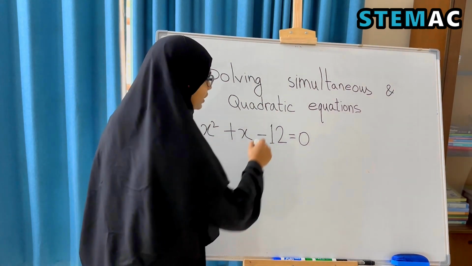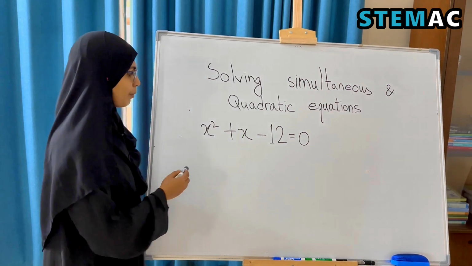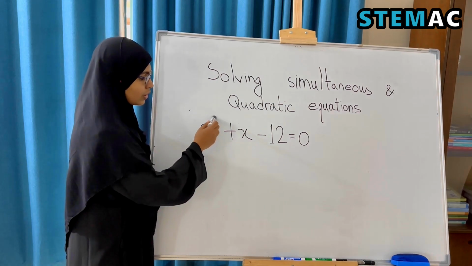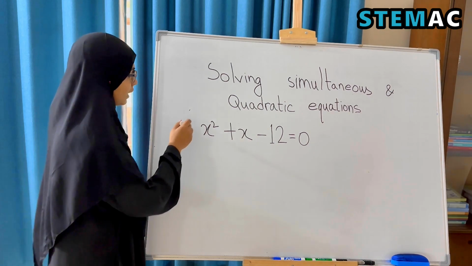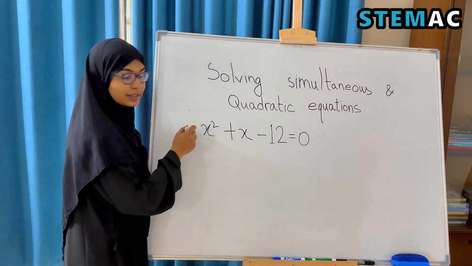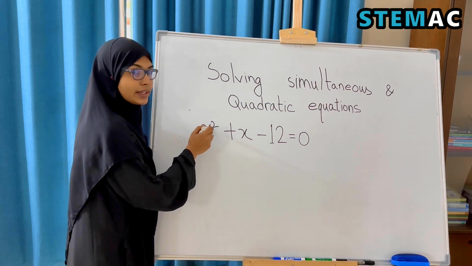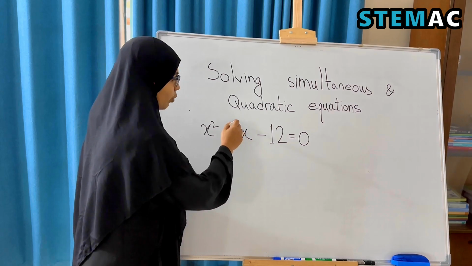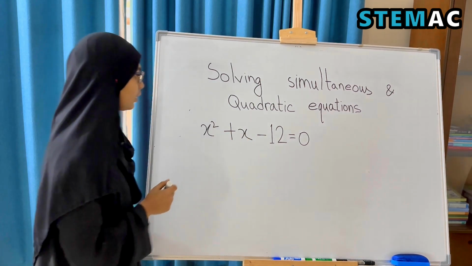This is a constant term as it has no variable with it, but this is not a constant term. It has a variable and it has a coefficient also, and that coefficient is 1 and its degree is 2. For this term x, the coefficient is 1 and the degree is 1.